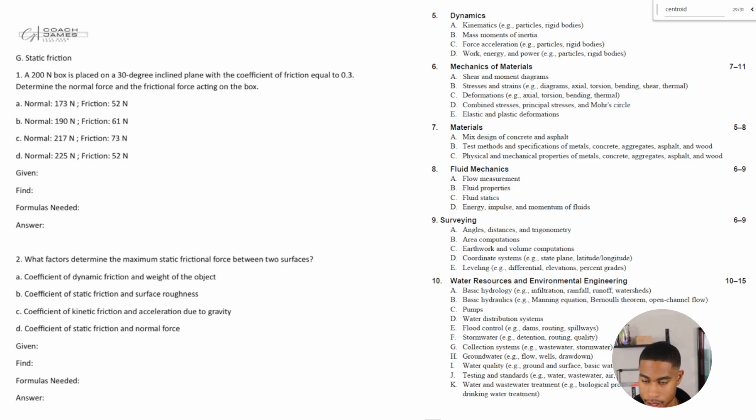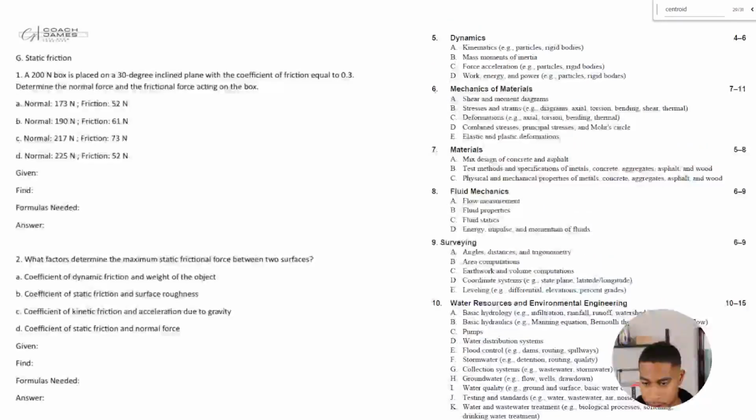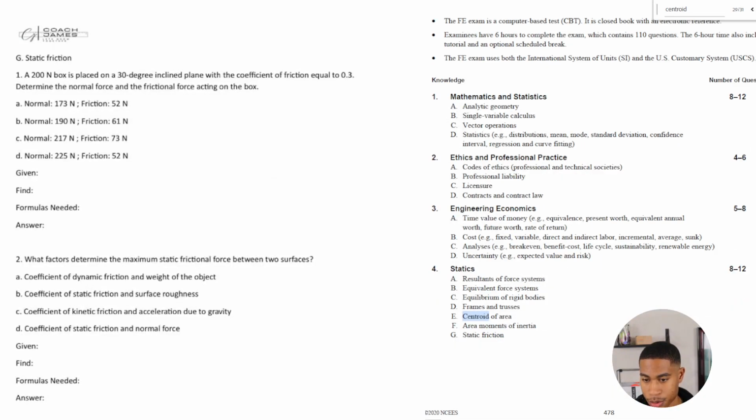If you haven't gone through the other videos that include resultant forces of systems, equivalent force systems, all the way down through area moment of inertia, you're going to want to make sure you have watched those so that you have mastered all of the static section. But last section, static friction. So let's go ahead and jump into the practice problem.